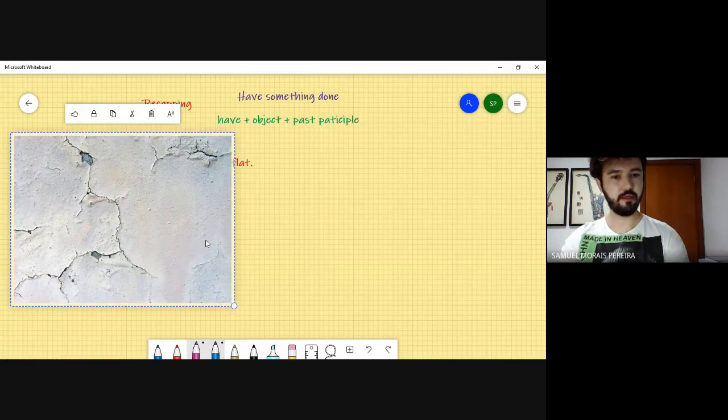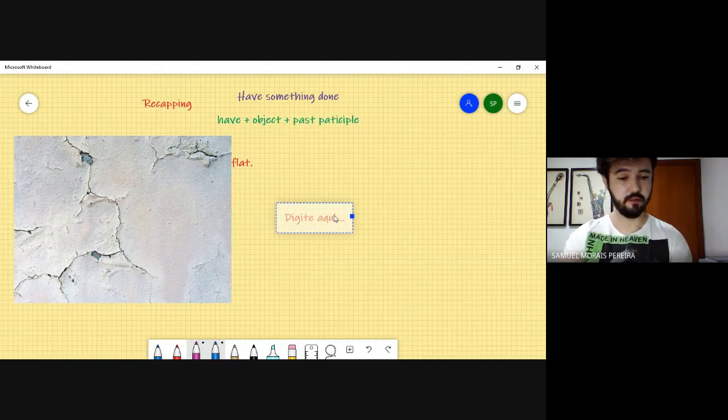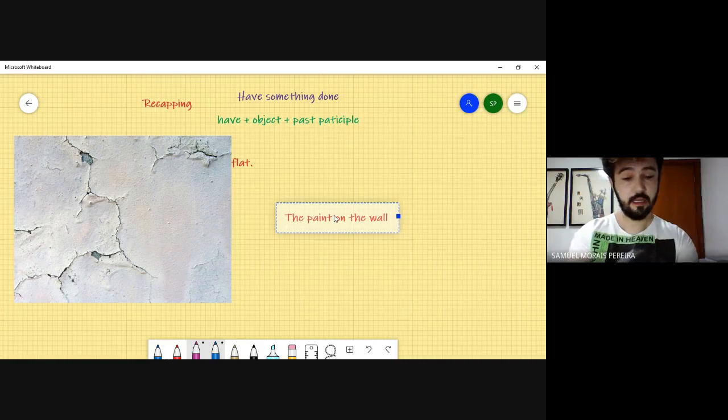So as you can see here, Bianca has a problem, okay? The paint on the wall is peeling off. Olha só, the paint, just a moment, on the wall of one of her rooms, okay, is, we can say peeling off, or we can say flaking off.